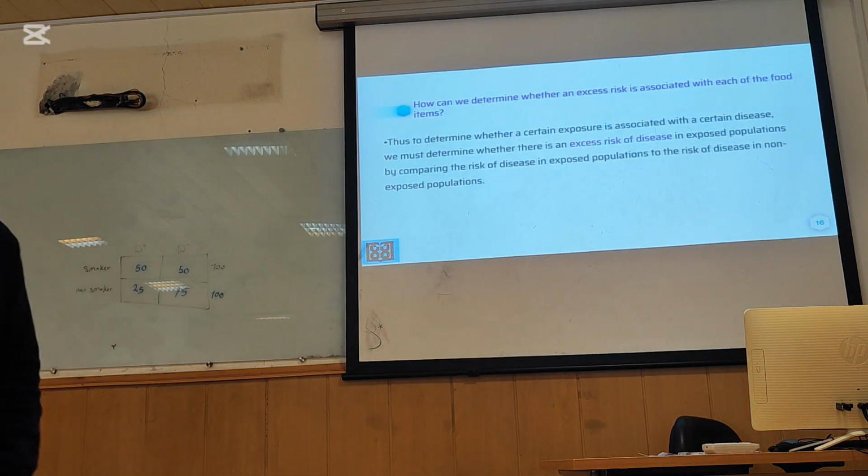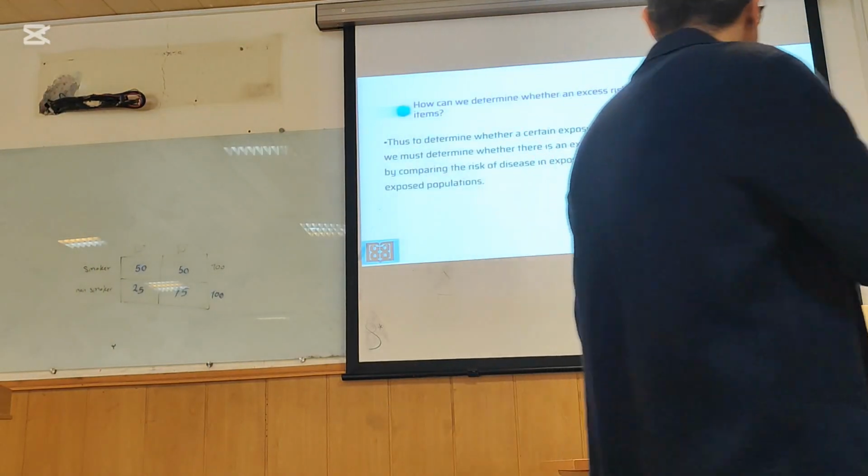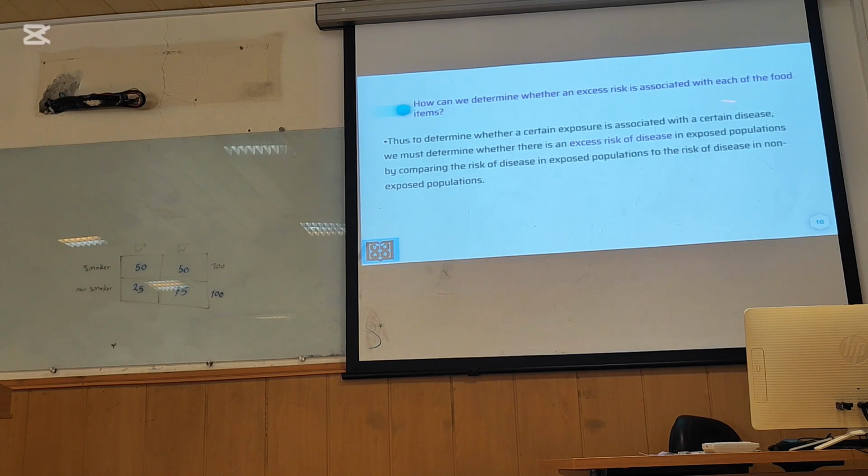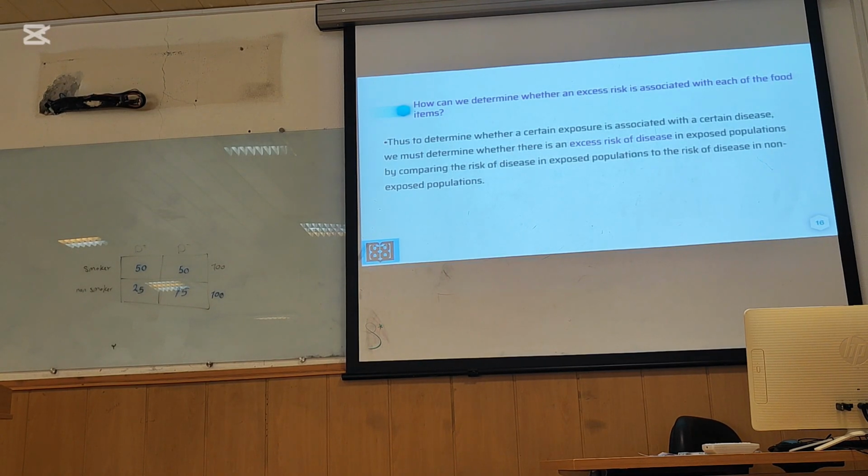So, the question is that when we want to assess an association between two factors, how can we determine whether an excess risk is associated with each of, for example, the food items in our example? Yes? The question is that.